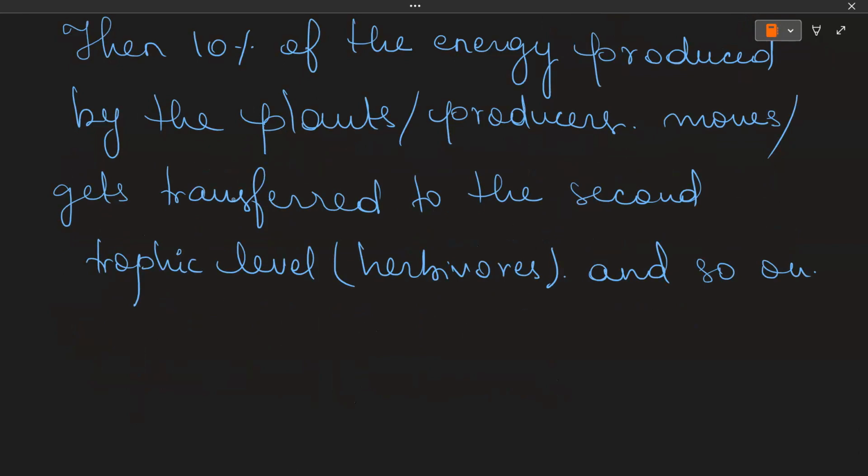Ma'am, can we say that man belongs to the top carnivores because we are the last? See, the meaning of top carnivore is that those are the organisms who are not eaten by anyone else. Let's just say we are humans. Now the man eats the other animals, right? But there is no animal that actually eats the man.